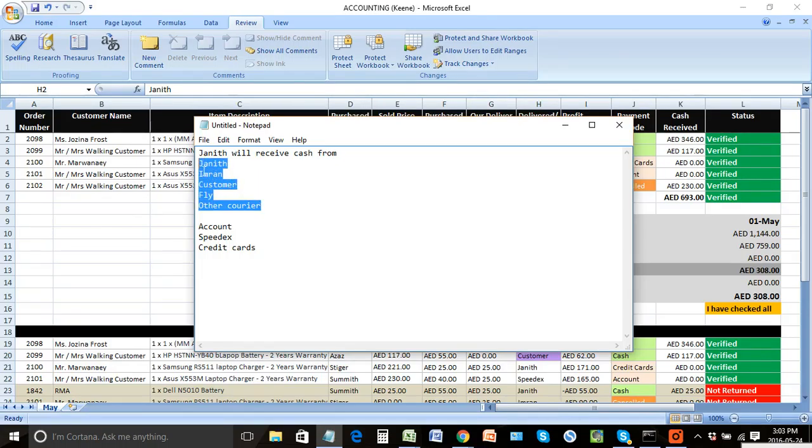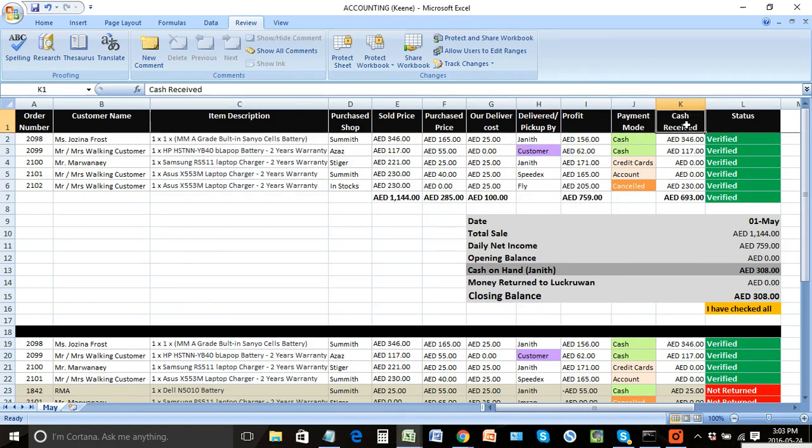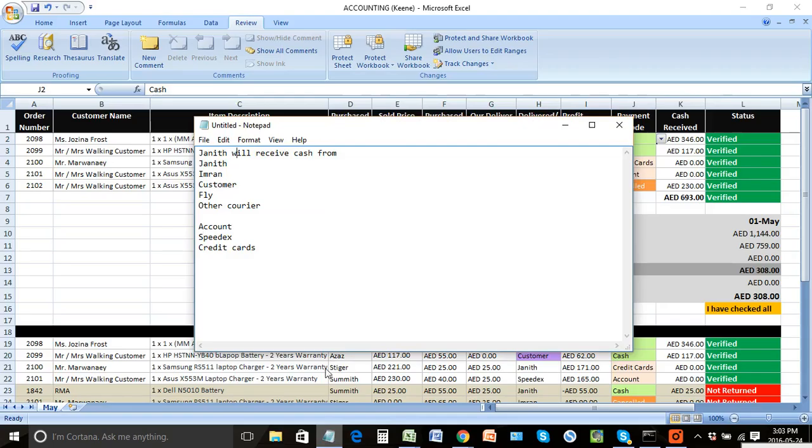So if you look at all 5 scenarios, 5 options, all the cash will come to Janit's hand. That's why I said cash receive. It has to be cash here. And the other one is account. Janit won't receive that cash, because that goes to the account directly.